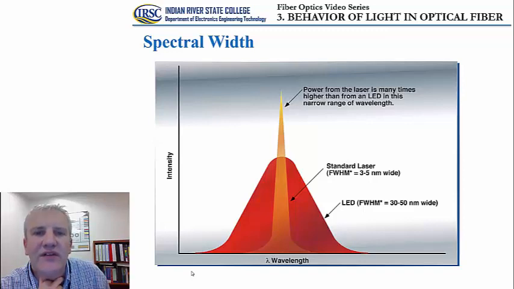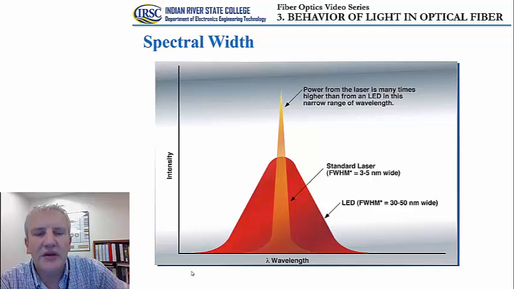Less wavelengths being transmitted around the nominal wavelength would mean less dispersion. The spectral width or the range of wavelengths that are being transmitted along the optical fiber depends on the type of light source that's being used.